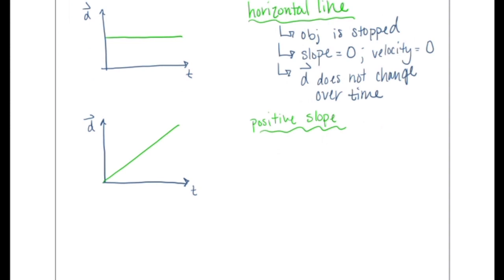Okay, so because it is a straight line, it's moving with constant velocity in the positive direction.